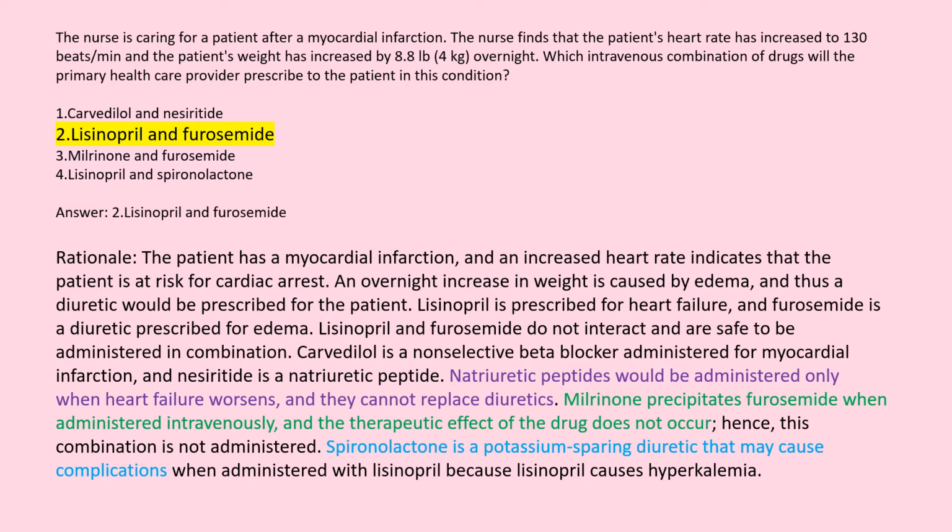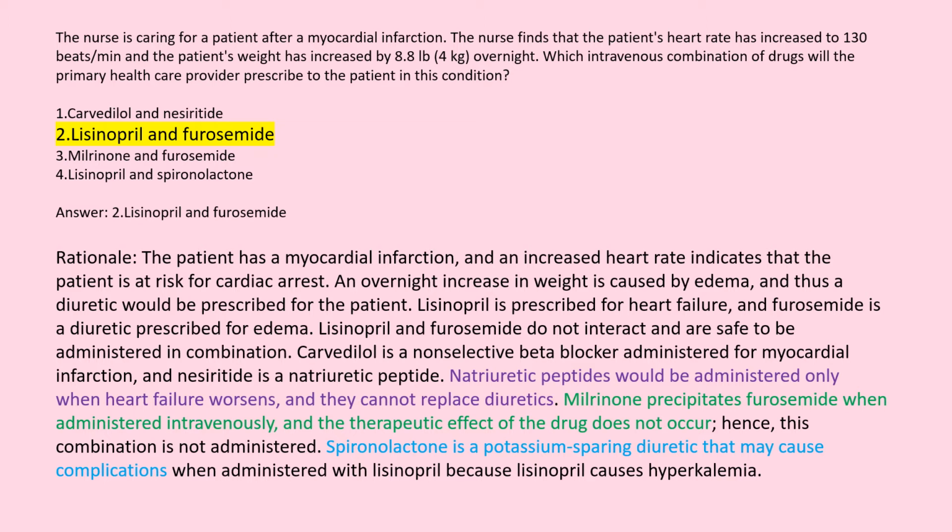Lisinopril and furosemide do not interact and are safe to be administered in combination. Carvedilol is a non-selective beta blocker administered for myocardial infarction, and nesiritide is a natriuretic peptide. Natriuretic peptides would be administered only when heart failure worsens, and they cannot replace diuretics.